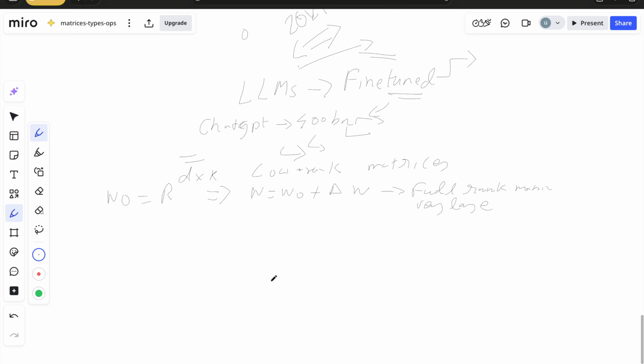But what LoRA said was that you put delta W equal to A B, where A belongs to dimension d cross r and B belongs to dimension r cross k, and r is much smaller than the minimum of d and k, a very small number.